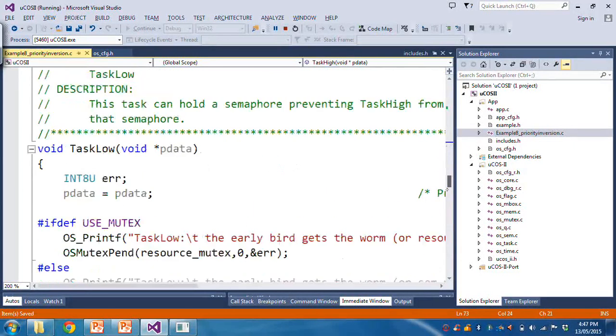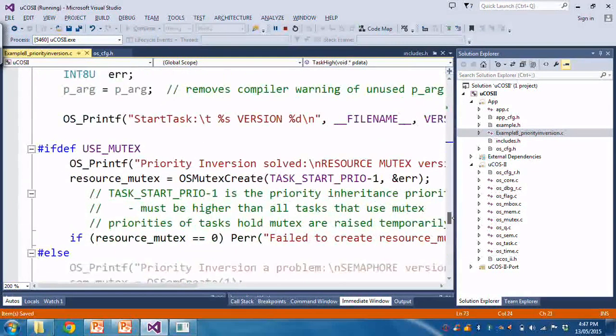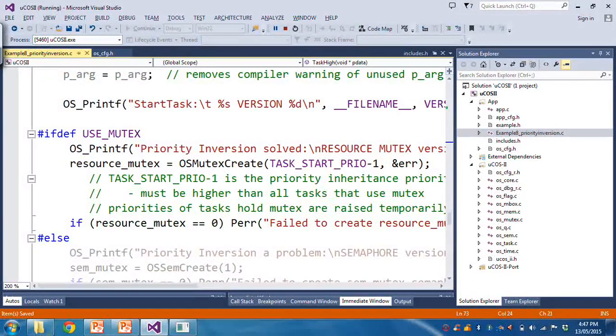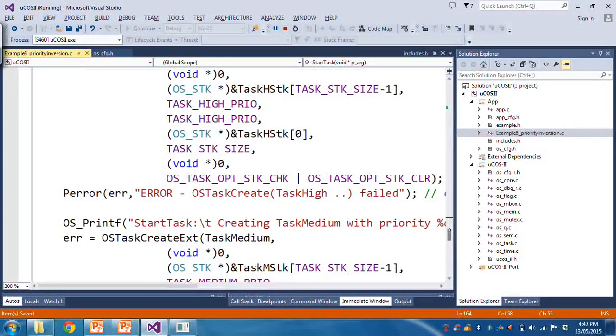Same idea. You create the mutex, and you have to give the mutex a priority, because you're going to want to promote the priority of the process that owns the mutex, so you tell it what priority it should have when it owns the mutex. That's the only extra bit of information, and then you just run it. If you compile that code, you can see that it works. Worth doing that in your own time.